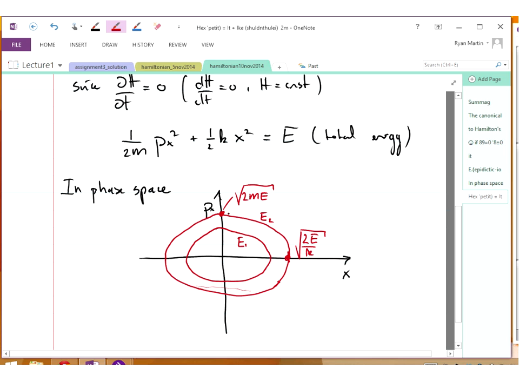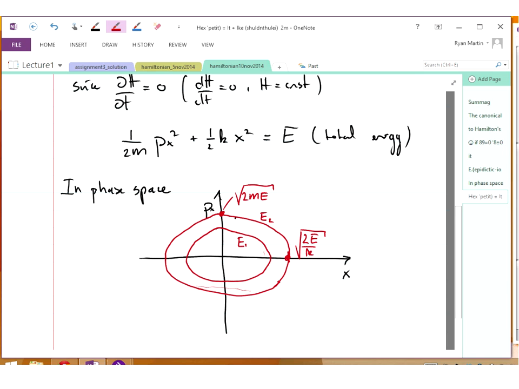And if you have a different simple harmonic oscillator with the same oscillator but a different energy, it's going to move around in phase space on a different ellipse, and it's never going to intersect the other ellipse. So you can think of this phase space with the Hamiltonian as a bunch of different paths that the system takes, and it behaves exactly like an incompressible fluid.